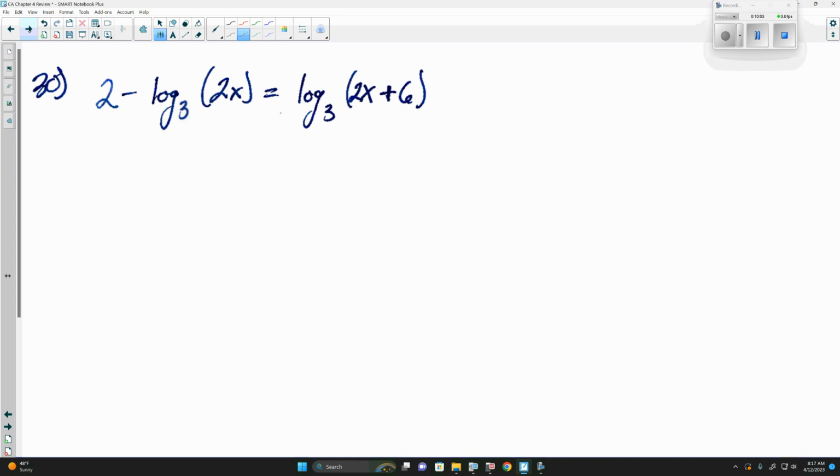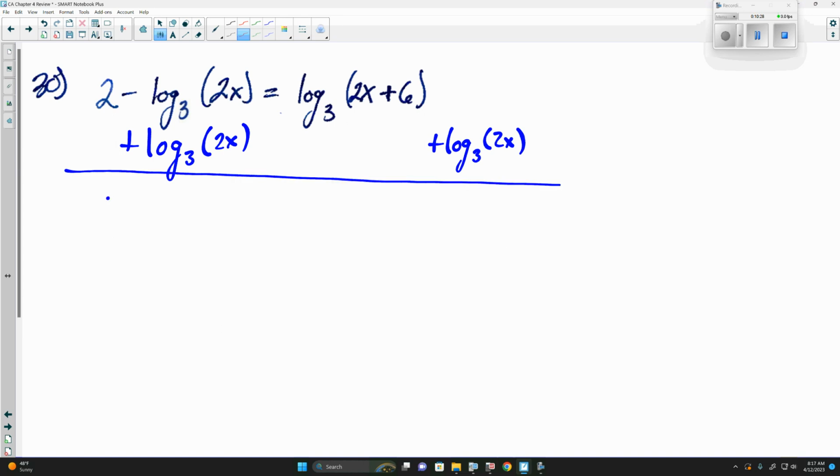30. Whenever we have 2 or more logs, we try to get one on either side, and especially in this case here where we have 2 logarithms and a number, we want to get the logarithms together. So I'm going to add log base 3 of 2x to both sides, which gives us 2 is equal to log base 3 of 2x plus 6 plus log base 3 of 2x.